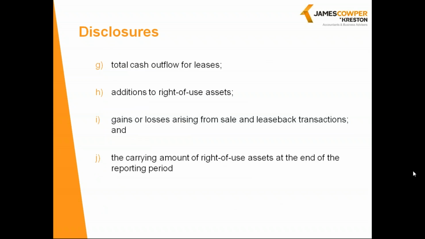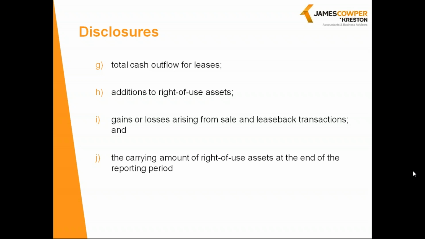And there's more: your total cash outflow for leases, your additions to right of use assets within your fixed asset note, any gains and losses from sale and leaseback transactions, and the carrying amount of your right of use asset at the end of the reporting period.